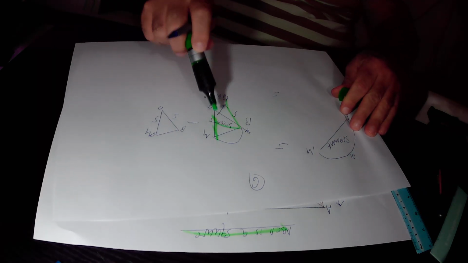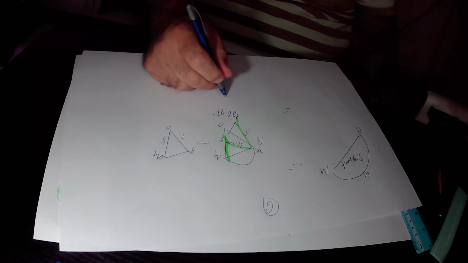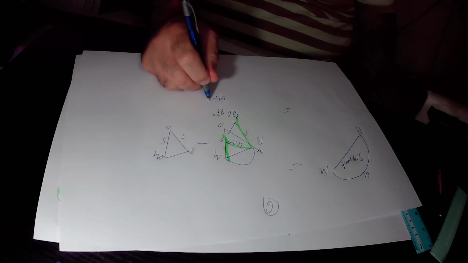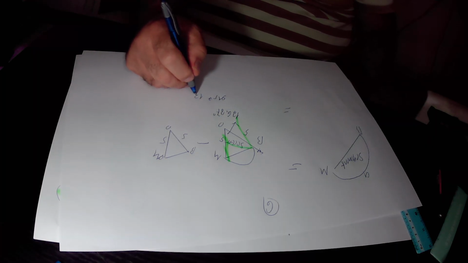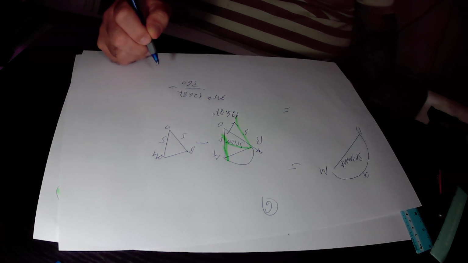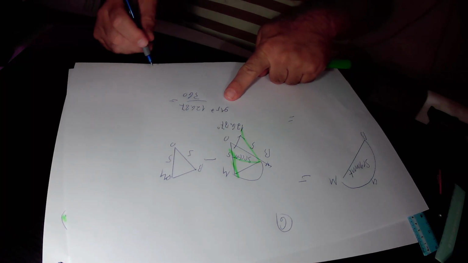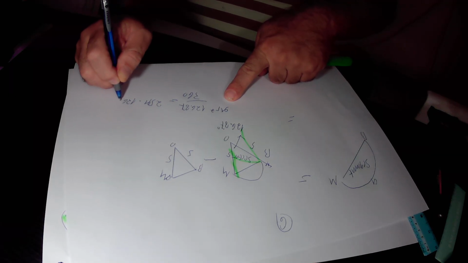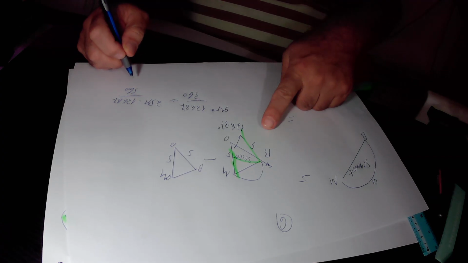So the area of this sector BOM equals pi r square, that is the area of the circle that contains the sector, times the angle between the legs of the sector, that is 126.87 over 360 degrees. R is 5, therefore r square is 5 square, that is 25. So pi r square is 25 pi times 126.87 over 360 degrees. That is the area of this sector BOM.